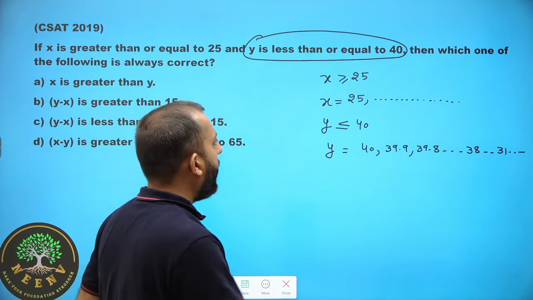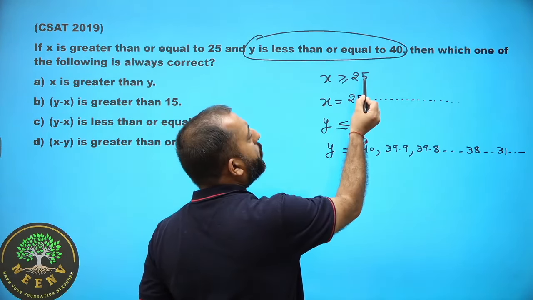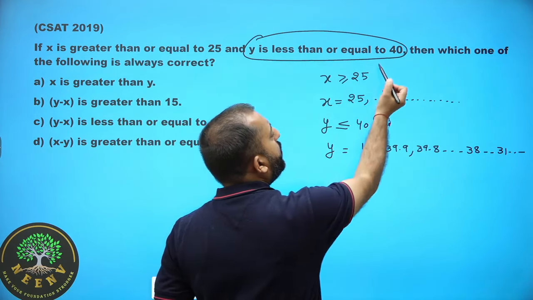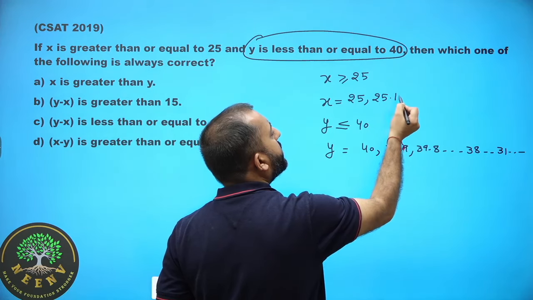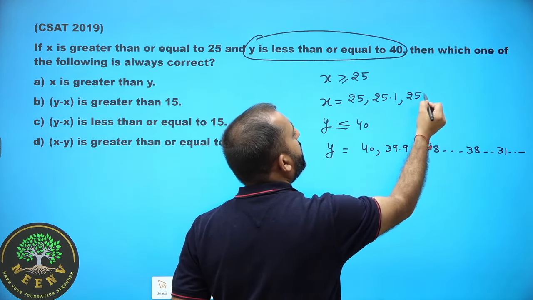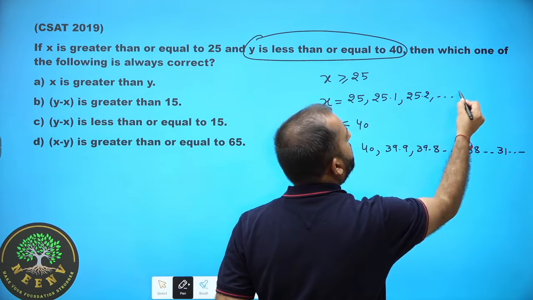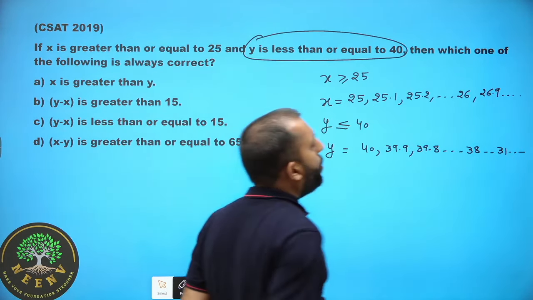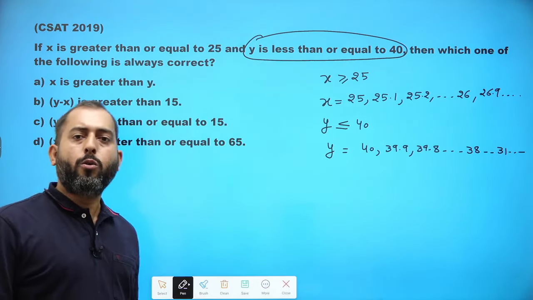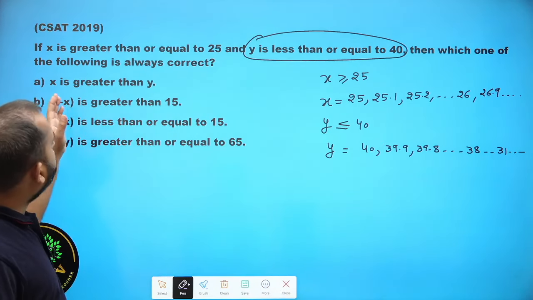In case of x greater than or equal to 25, x can take any value which is equal to 25 or greater than it. x can be 25.1, x can be 25.2, x can be 26, x can be 26.9, any value which is greater than or equal to 25.